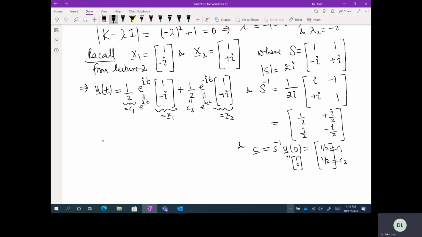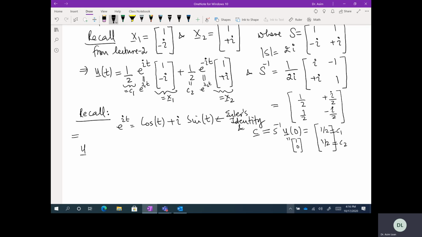And if I solve this one, so recall E iota t is cosine of t plus iota sine of t. This is the Euler's identity. So U of t is simply half E iota t plus half E minus iota t, which is simply equal to, so these are conjugates of each other, we'll get the real part, so this is equal to cosine of t.